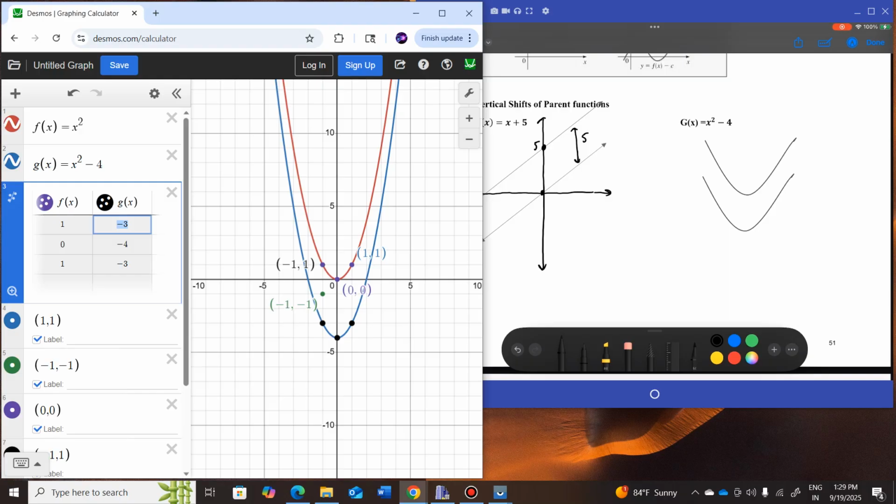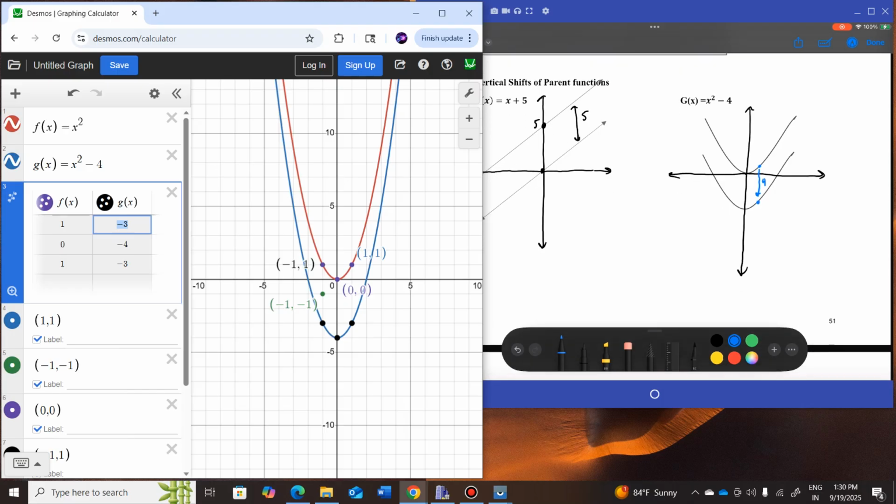0, 0 point goes to 0, -4. And the -1 point goes to -1, -3. So with this graph going through this, all these points are shifted down 4 units.